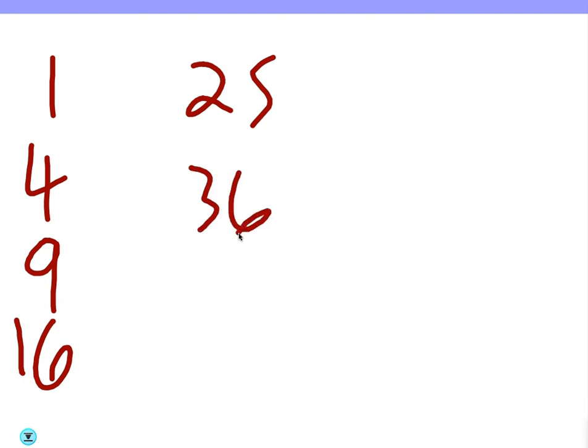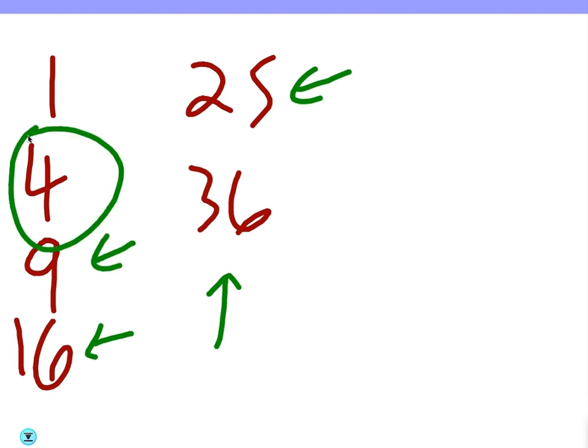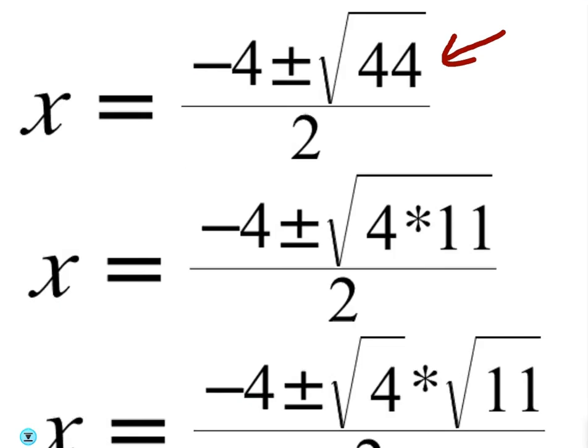You want to find the biggest one of those that goes into 44. Definitely 36 doesn't work, 25 doesn't work, 16 not quite, 9 doesn't work. So the biggest perfect square that goes into 44 is 4. So you want to break it down as such: 44 is the same as 4 times 11.